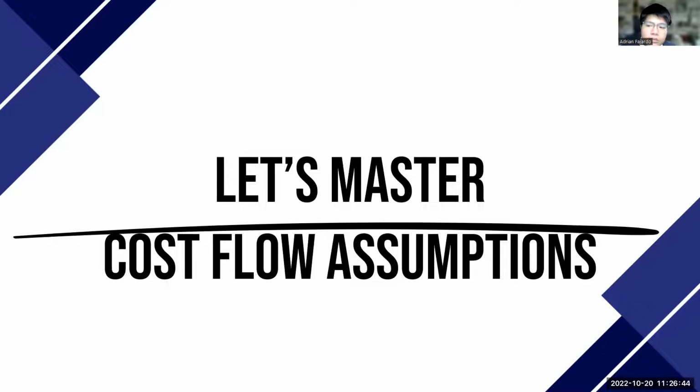So, before I go to the recorded portion for mass cost flow assumptions, are there any questions regarding exercises, any admin stuff before I proceed to the last few exercises? If none, kindly thumbs up if everything's okay.